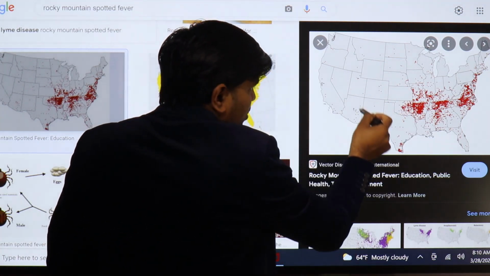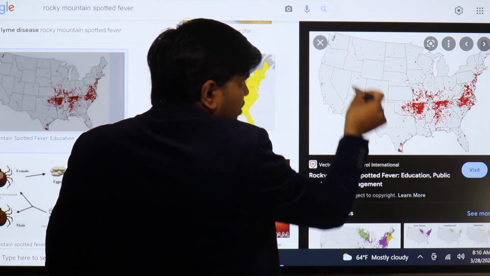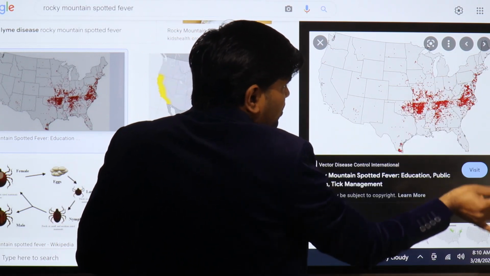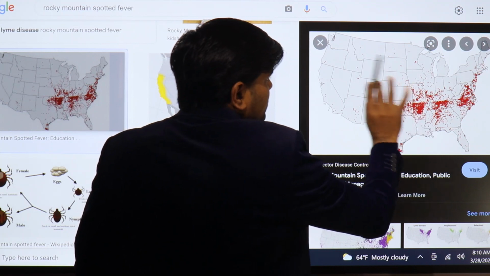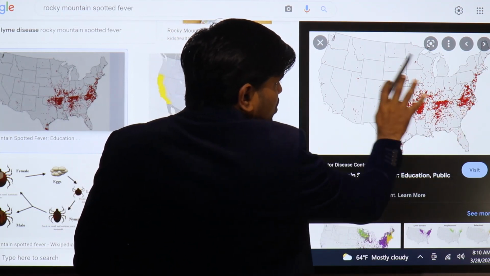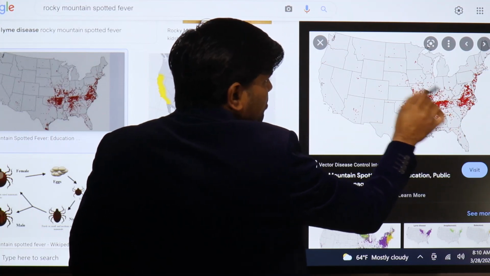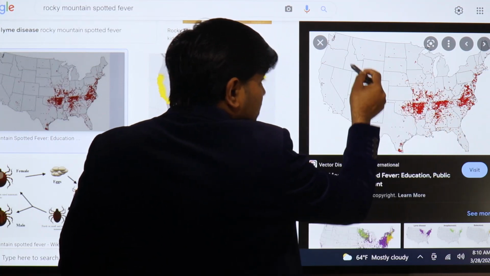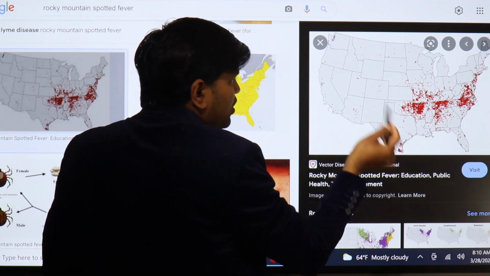So you have the Rocky Mountain range over here, but the disease is usually prevalent in another part of this country, that is normally in the east. This is the west part, this is the north part, this is the south part. So you can see the east and southern region of America is where Rocky Mountain spotted fever is common, but the name came from the Rocky Mountain.